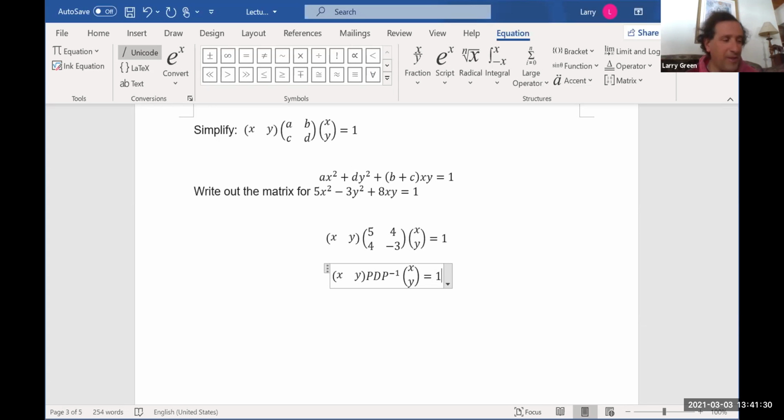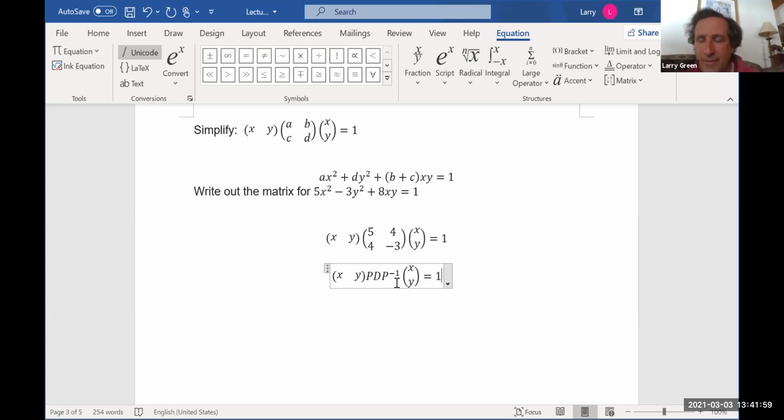Okay, now this is where things get interesting. If I look at the P inverse XY and I look at the XYP, I can think of this now. And in fact, I could look at the PD inverse, kind of thinking of it that way too. I can think of this as remembering when you have something like PDP inverse, then P is a change of coordinate system. It's a change of basis.